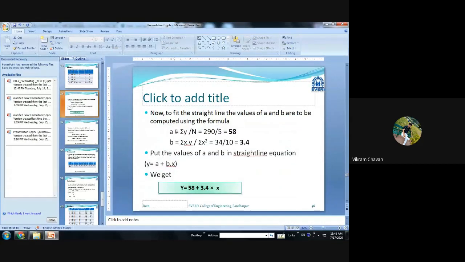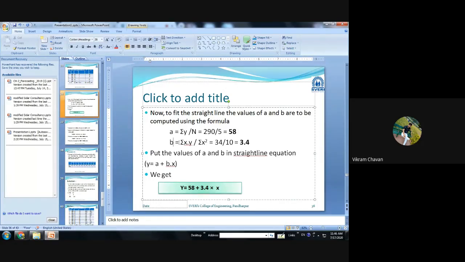If you put summation of x equal to 0 in normal equation 1 and normal equation 2, then we get a is equal to summation of y divided by n. Summation of y we have calculated as 290, and n is the total number of years, that is 5. So 290 divided by 5 becomes 58.